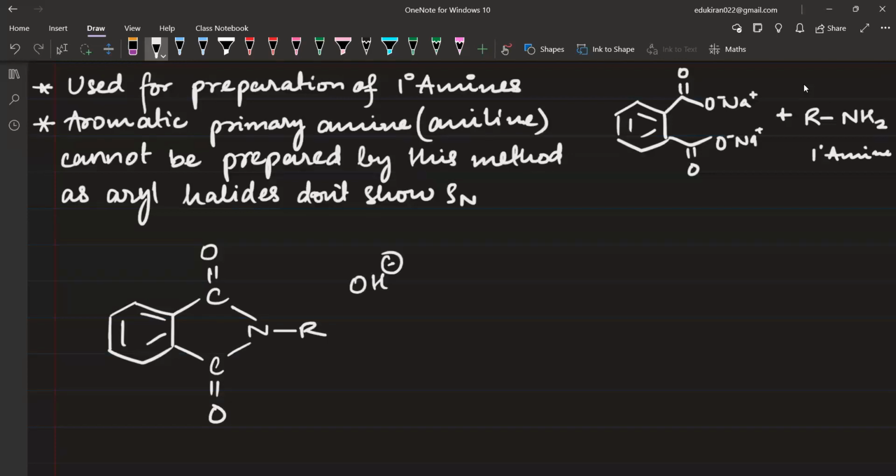OH negative ions will be there. This OH negative ion will attack here. Why will it attack here? Because carbon is bonded to oxygen and nitrogen. When carbon is bonded to oxygen and nitrogen, the electrons will be pulled by the oxygen and nitrogen, the more electronegative elements, giving a delta positive charge on the carbon atom. So as soon as the OH negative attacks here, this carbon atom breaks the bond and it gives the nitrogen a lone pair.